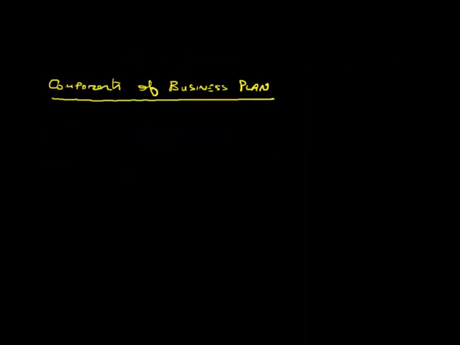So what are the components of the business plan? Well, we do them in a particular order. So I'll put in the components in the order in which we're going to do the business plan. And the first thing we're going to do is something called a cash budget. So we're going to learn how to do a cash budget.